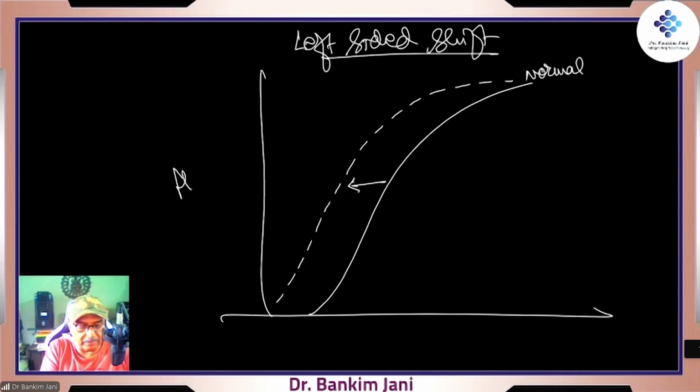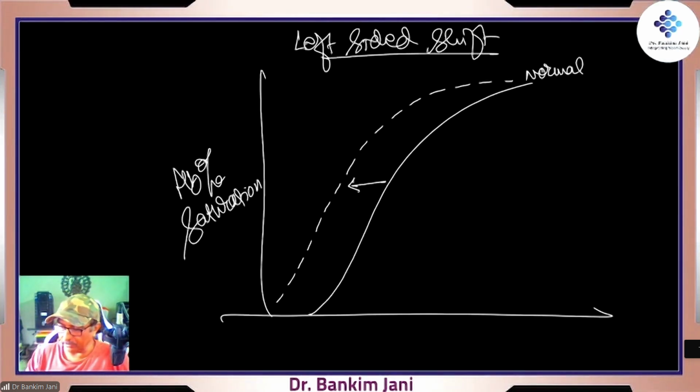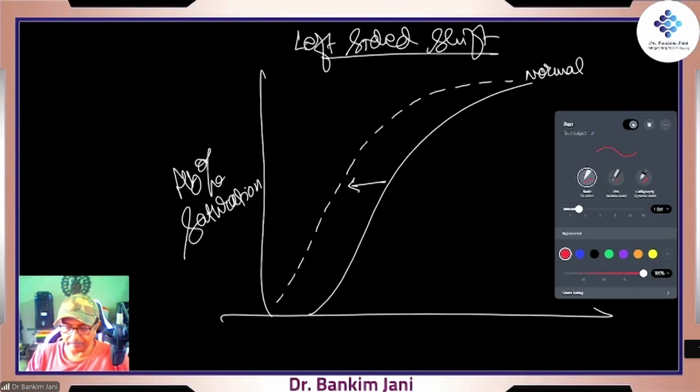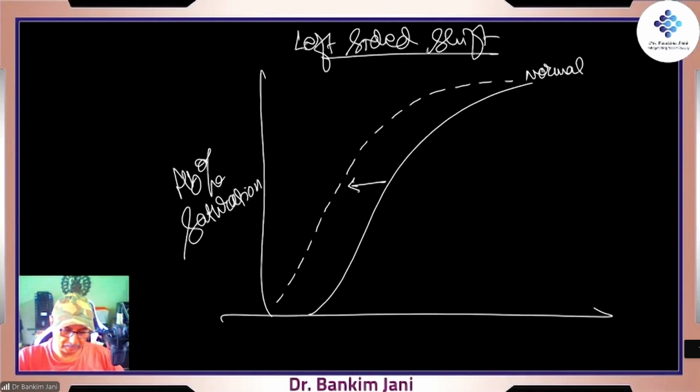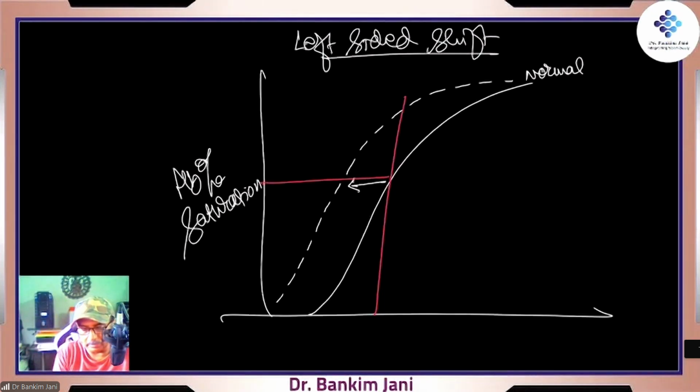Over here, this is the hemoglobin saturation, we are interested in that. When I draw a line anywhere, definitely this top one is higher. So let's say it is 75% and this is 50%.